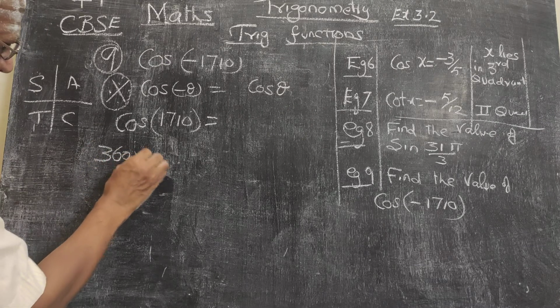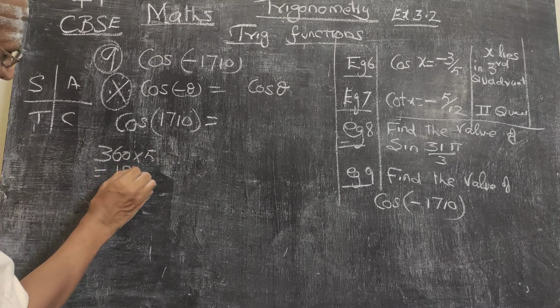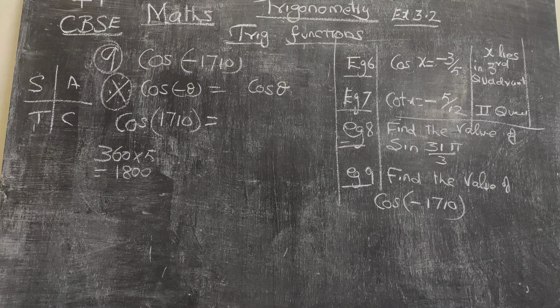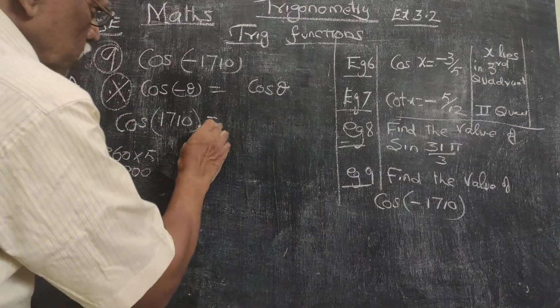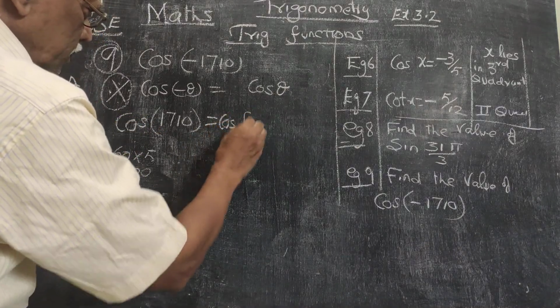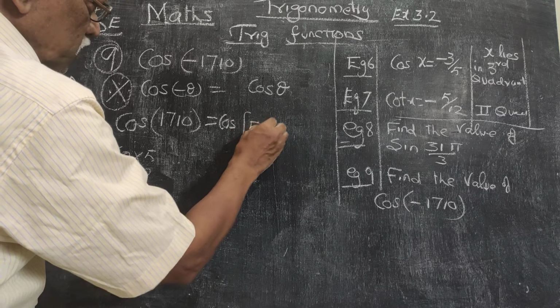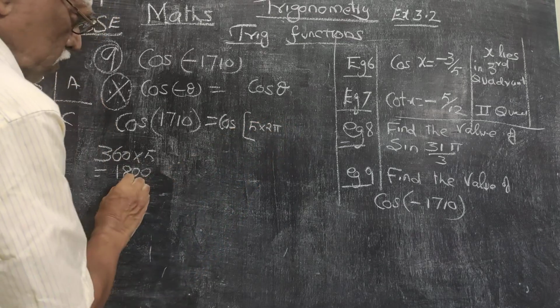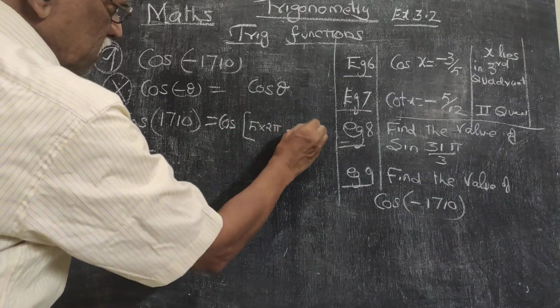360 into 5 times, if I do, I will be getting 1800. Whereas I need 1710. So what I do, cos of 5 times 2 pi, 1800, but minus 90.